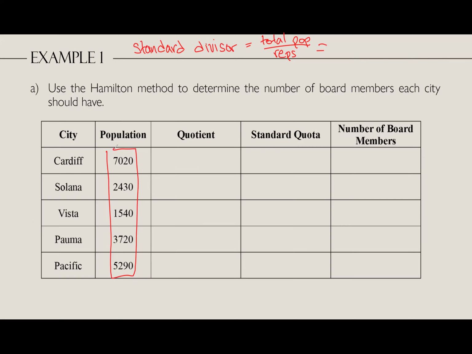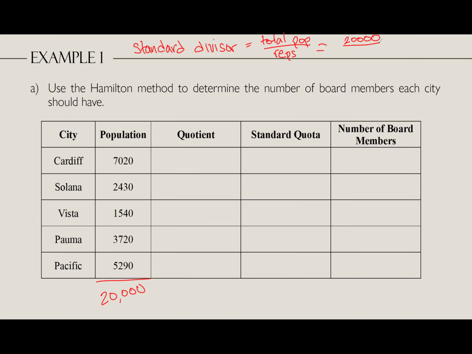I'm going to go ahead and add these up off screen. So we have 7,020 plus 2430, 1540 plus 3720 plus 5290. If I add these up, I get a total population of 20,000. That's my total population.